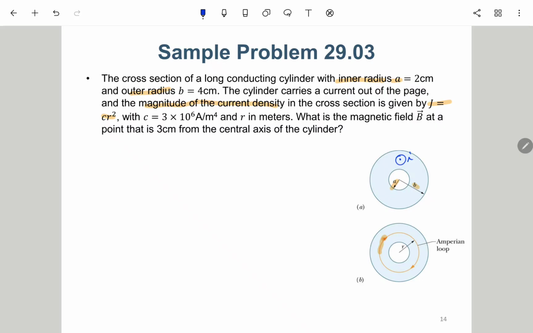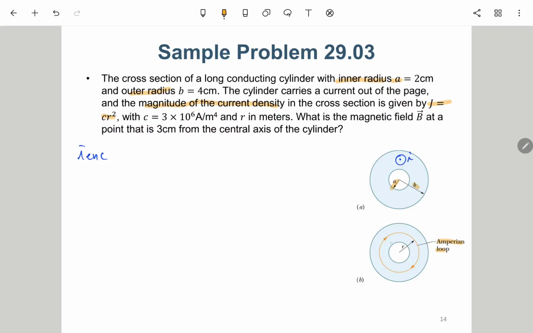Here we need to first determine the I enclosed, because we of course have the Amperian loop here, with r to be 3 centimeters. But at this moment we can just keep r as a variable, and finally come up with an expression and plug in the value of r to be 3 centimeters.